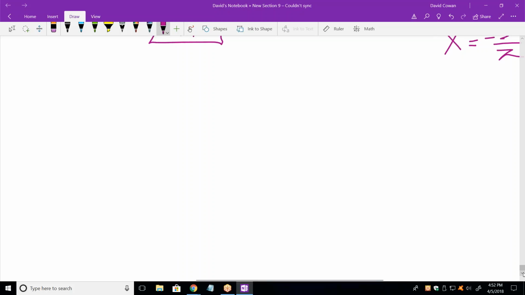This actually may be a hard one, but maybe actually really simple. It is x squared minus 12x equals 28.